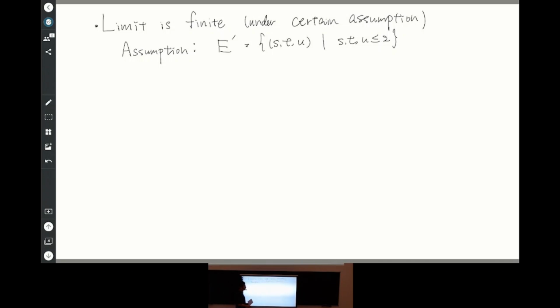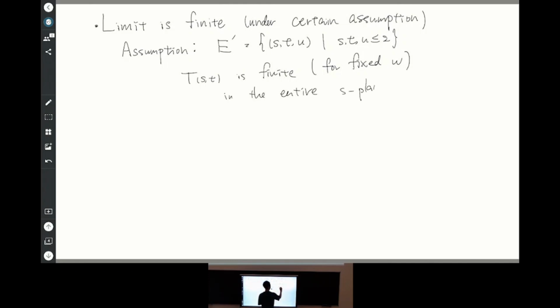And then using that as an assumption, they could prove that the TST that you get is finite, for fixed U, in the entire complex S-plane on the first sheet.